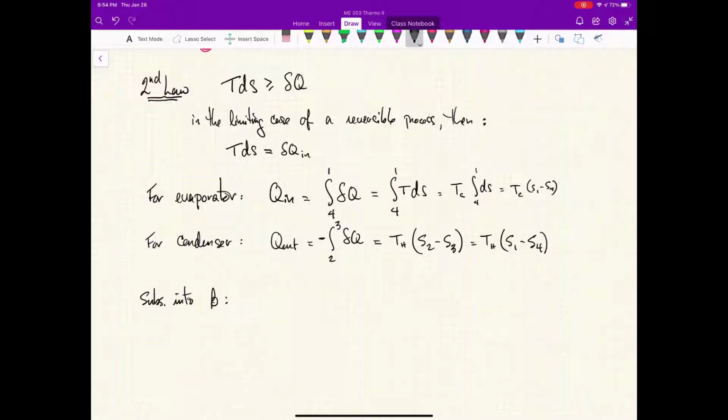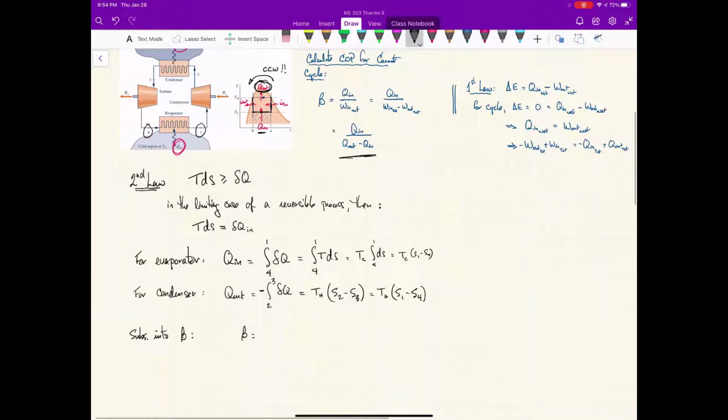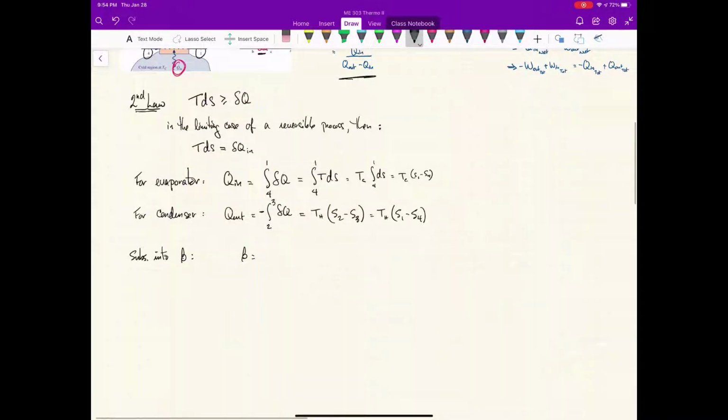So substituting that into beta, we've got beta is equal to Q in divided by Q out minus Q in.